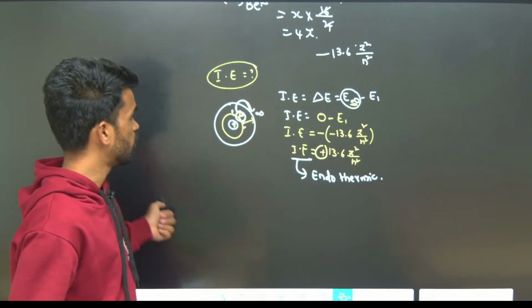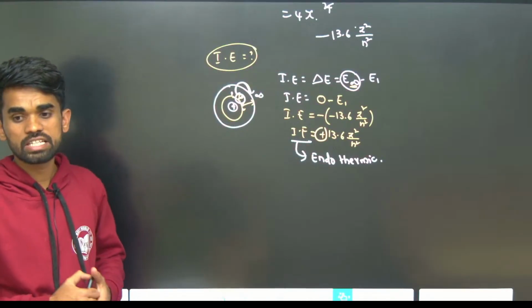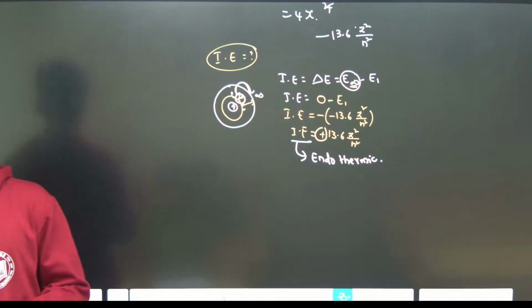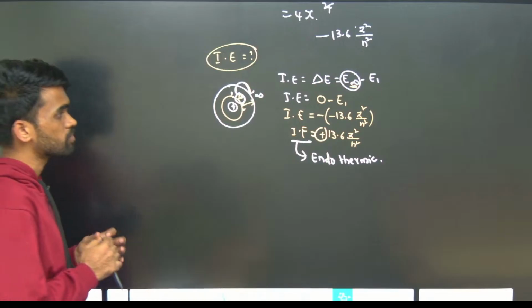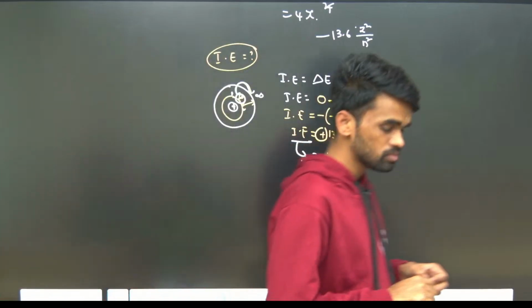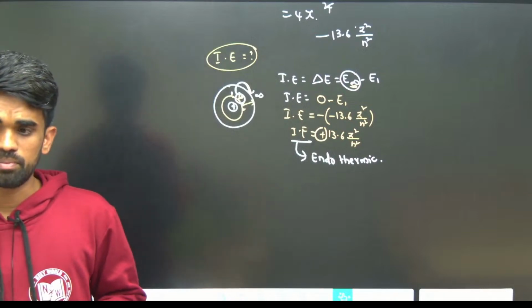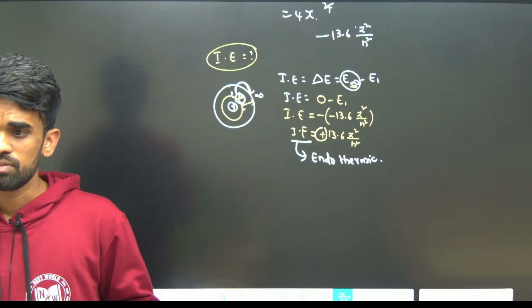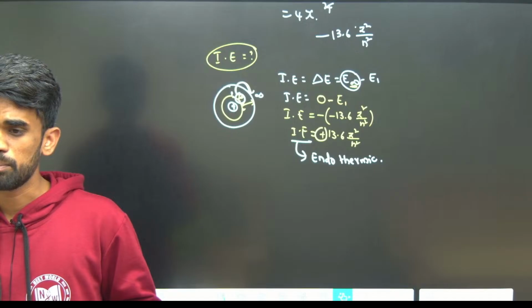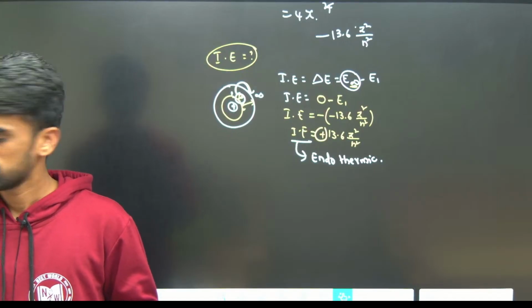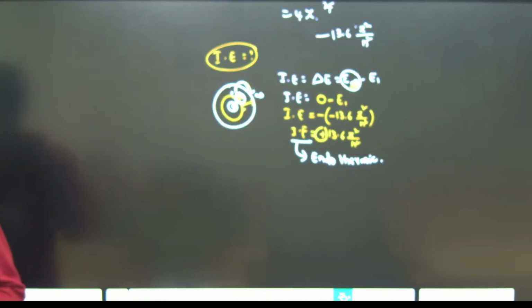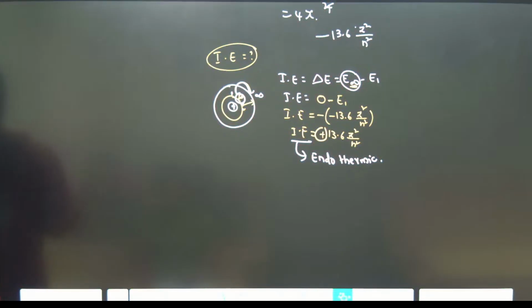Now if I ask the ionization energy, write the question: ionization energy of the electron present in the first Bohr orbit of beryllium plus 3. Beryllium plus 3, 16 into 13.6.